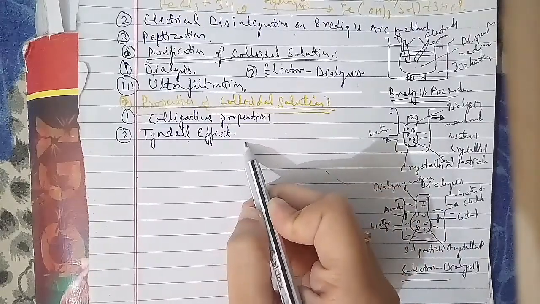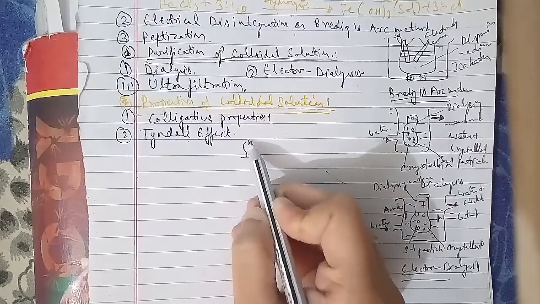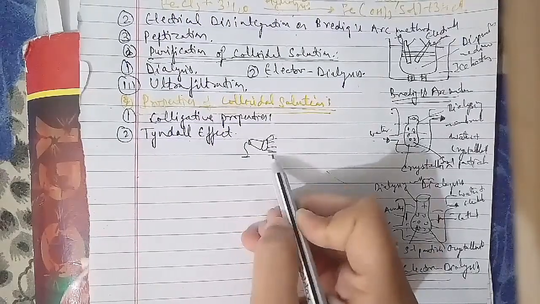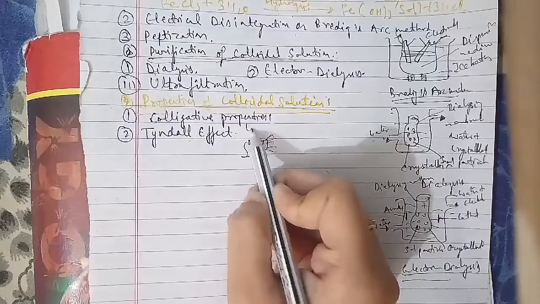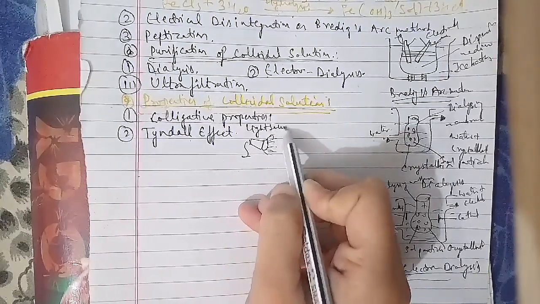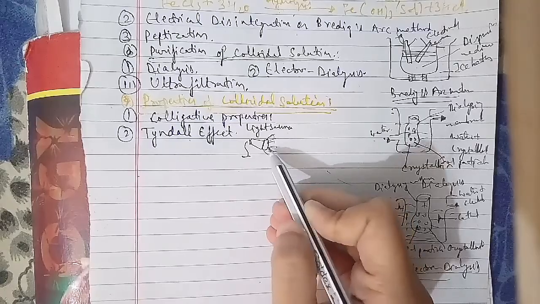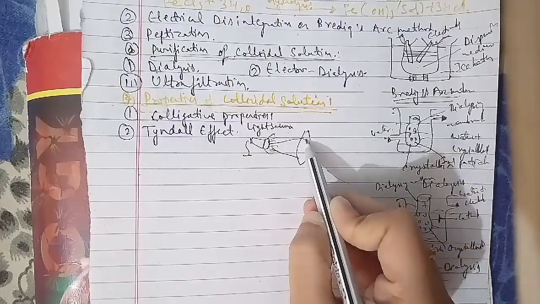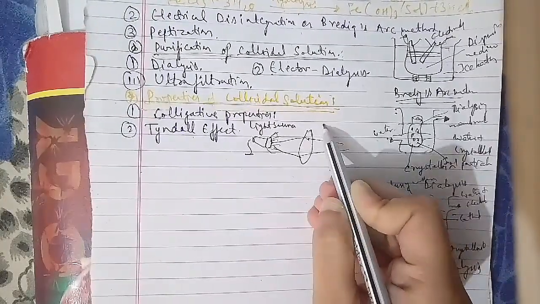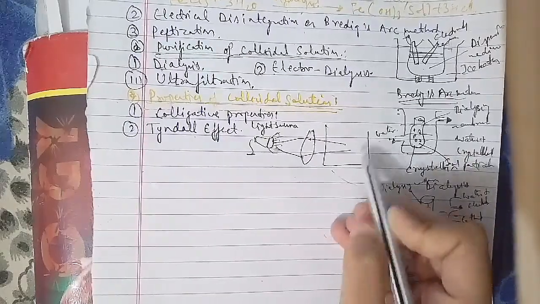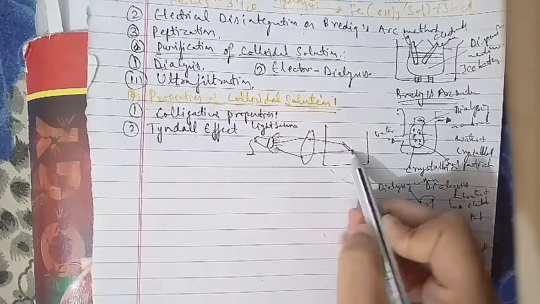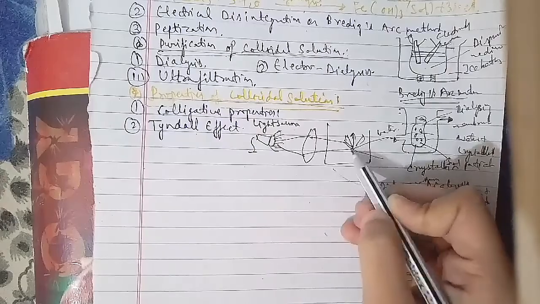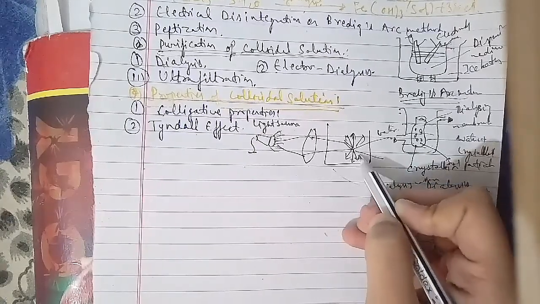This is how we will see it, and this is the light source as I told you. This is the Tyndall cone, and this is the scattered light. This is the microscope, and this is of course the eye. This is the solution which we have, the colloidal solution, and this whole setup is known as the Tyndall effect.